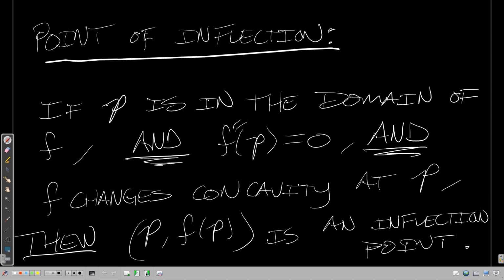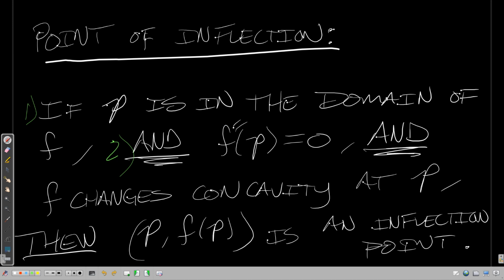To be a point of inflection, you need several things. Number one, you need this point to be in the domain of your function. Number two, you need f double prime to come out to be zero.